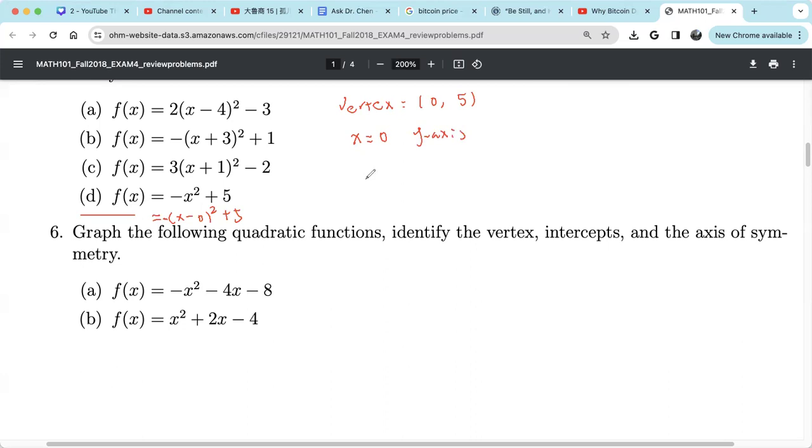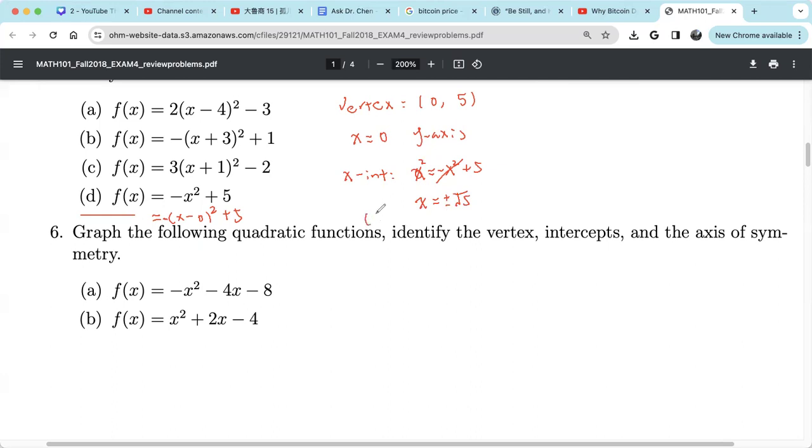And then let's see the x-intercept. X-intercept means the function value is 0. Negative x squared plus 5. Move negative x squared to the other side. So we'll get x squared equals 5. Then we square root both sides, so that x equals plus minus square root 5.